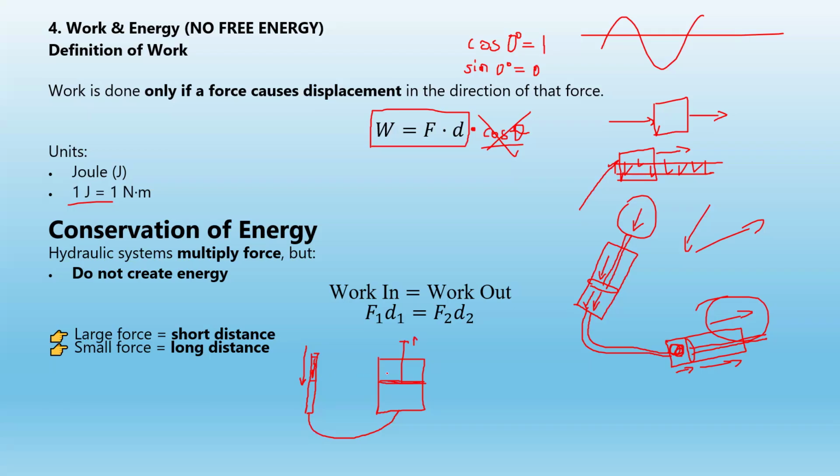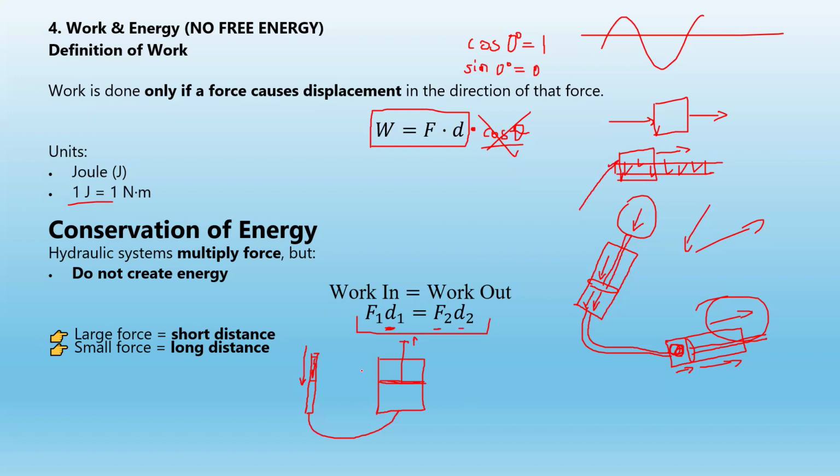However, we gain the force, because if you look at the formula here, if you make this number bigger, then on that side that number has to be smaller, or that number has to be bigger.